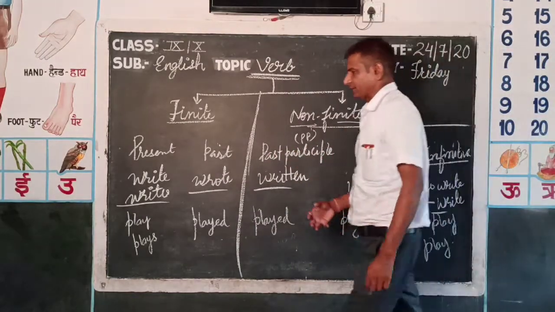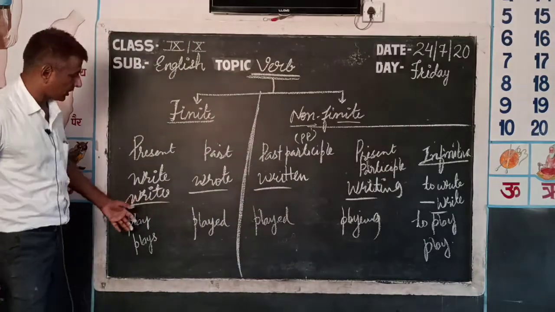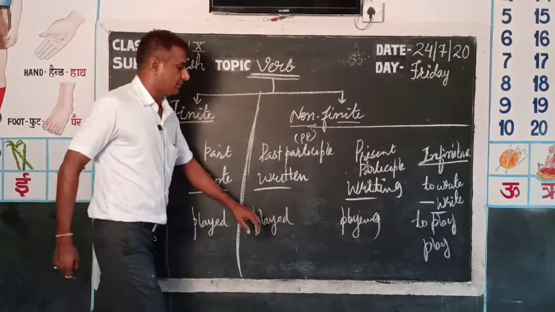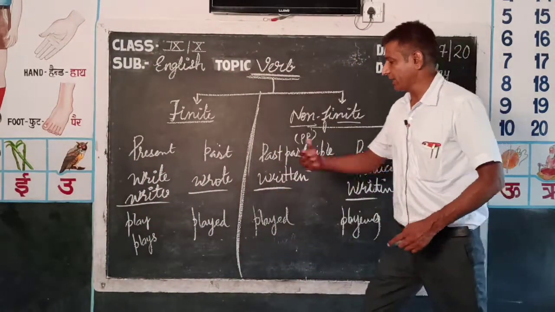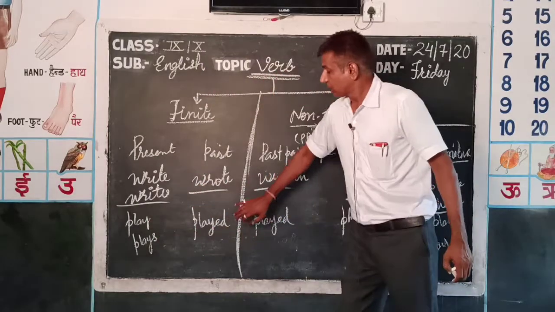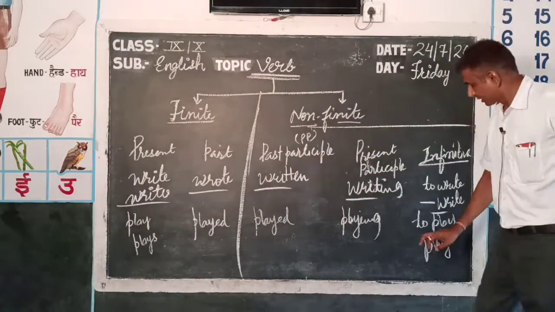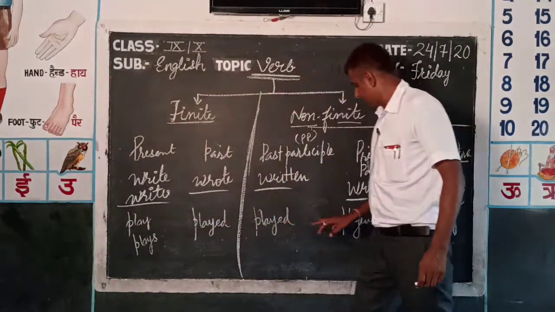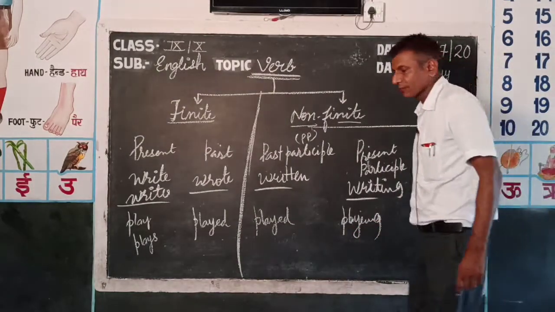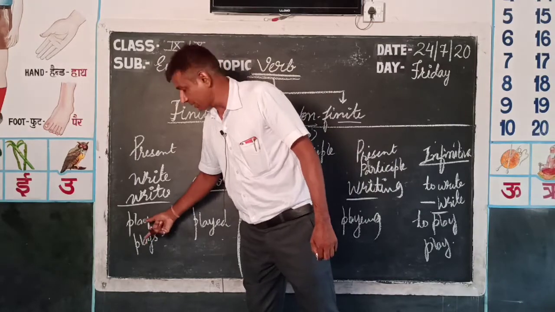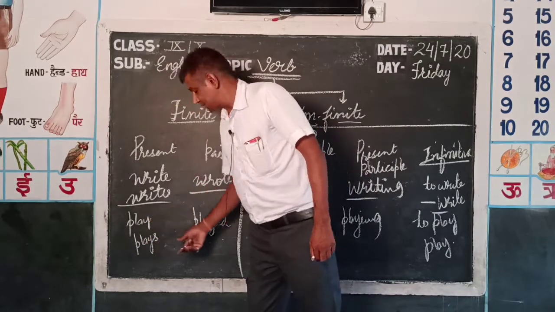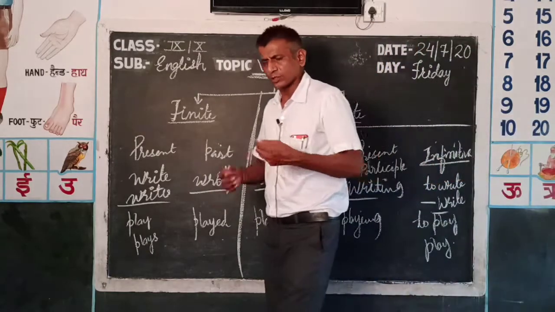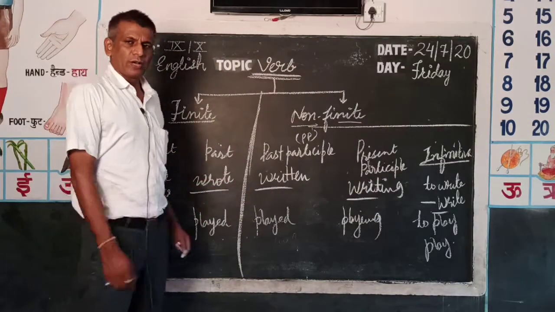This way you can make the forms of other verbs, like make, makes, made, made, making, to make, make. Teach, teaches, taught, taught, teaching, to teach or teach. Run, runs, ran, run, running, to run or run. See, sees, saw, seen, seeing, to see, see. So you can make forms of any verb, any action or non-action verb.